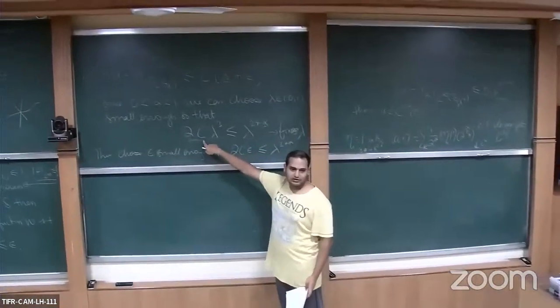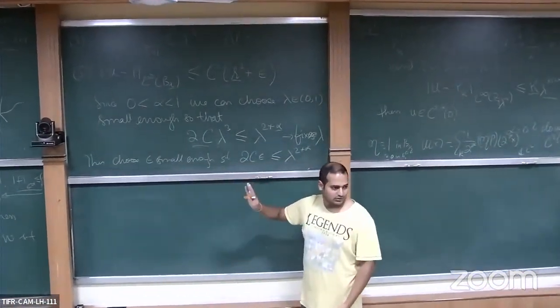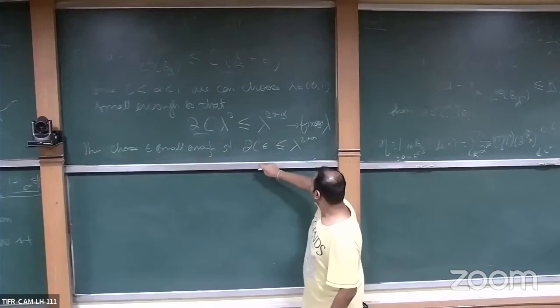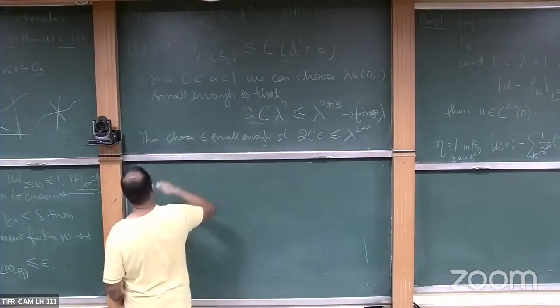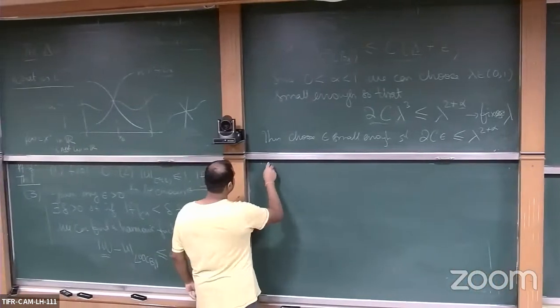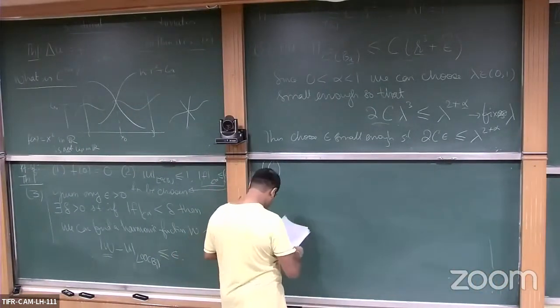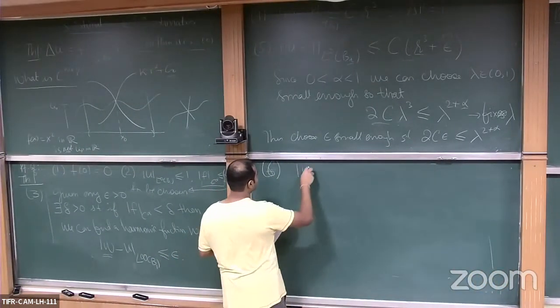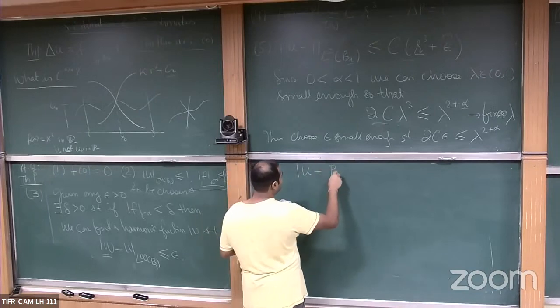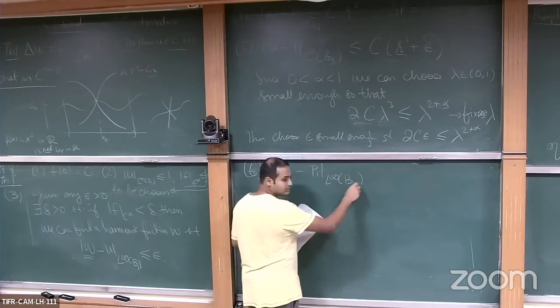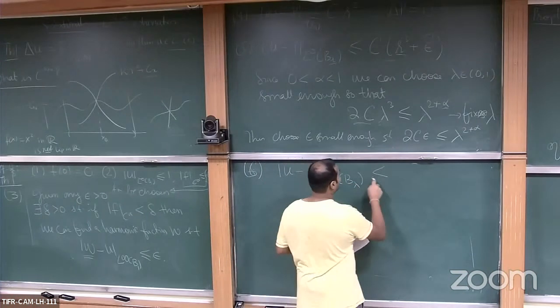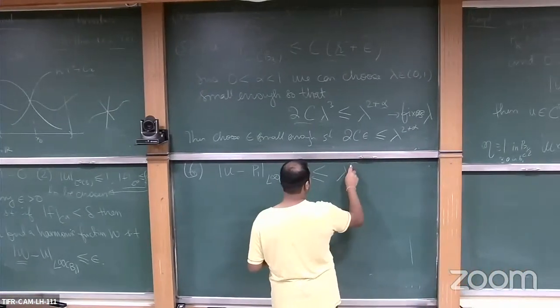Lambda depends on C, which has nothing to do with the solution. So this has nothing to do with the solution. It's universal. So if I do this, R has become lambda. So what do I get? I get that the L infinity norm of u minus P_1 on B_lambda is less than or equal to half of that plus half of that, so that is exactly lambda to the 2 plus alpha.